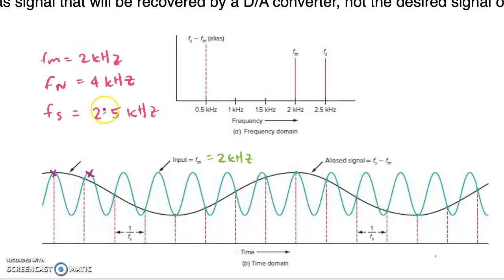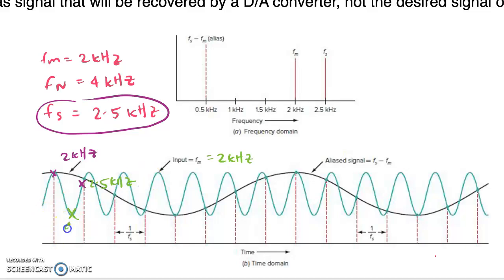But my Fs is 2.5, which means that it's slightly faster, and that is why it sampled before the complete cycle finished. Complete cycle is 2 kilohertz. If I sample earlier, it means that I'm sampling at a frequency higher than 2 kilohertz. The best sampling would have to happen here, but it's not the case here. What they're doing is 2.5 kilohertz when it should have been 4 kilohertz. Very fast.